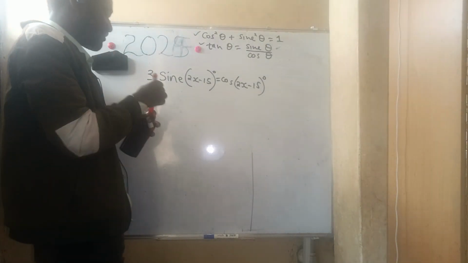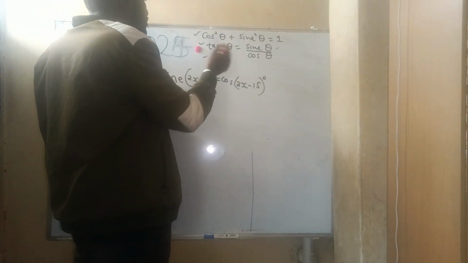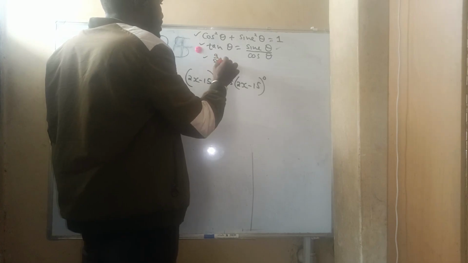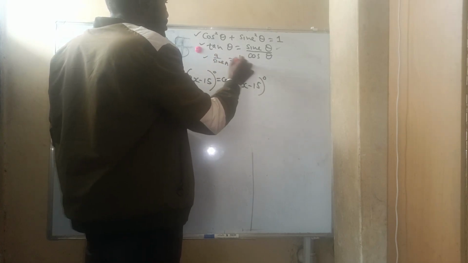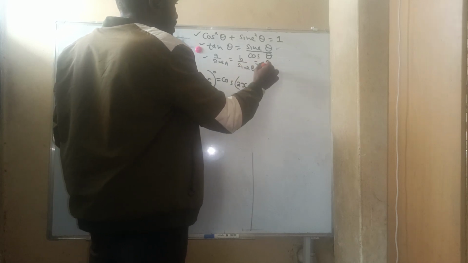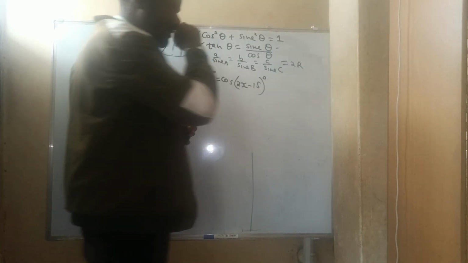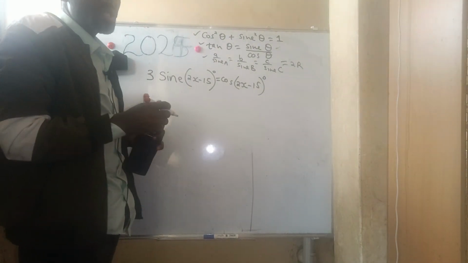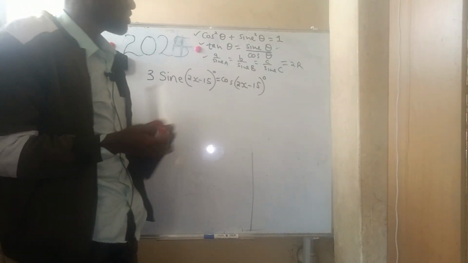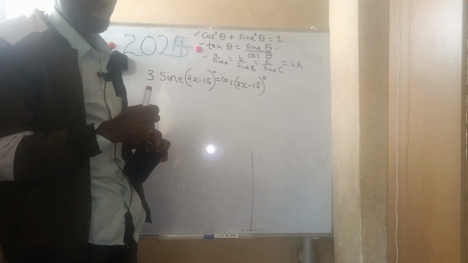And of course, we have so many other identities. You must have heard of this, which says A over sine A should be equal to B over sine B, which should be equal to C over sine C, which must be equal to 2R. This is mostly used when a particular circle and a certain triangle have a particular relationship.